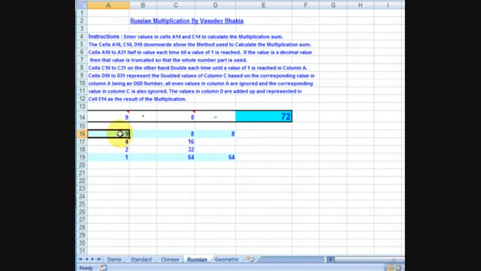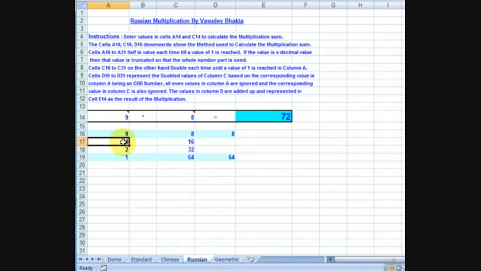What we now do is look at our left hand column and select all the odd numbered values as highlighted on your Excel sheet, and bring the values on the right hand side across, which is 8 in this case, and for this one it's 64 here.